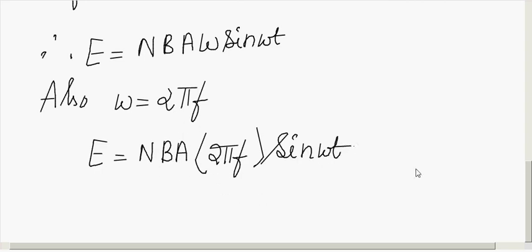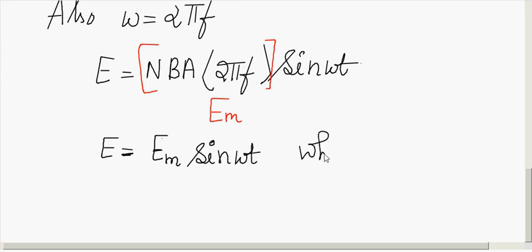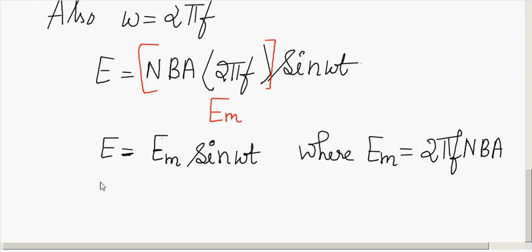And this value is the maximum value of induced EMF, Em. E is Em sin omega t, where Em is 2 pi f into nBA, and it is the peak value.